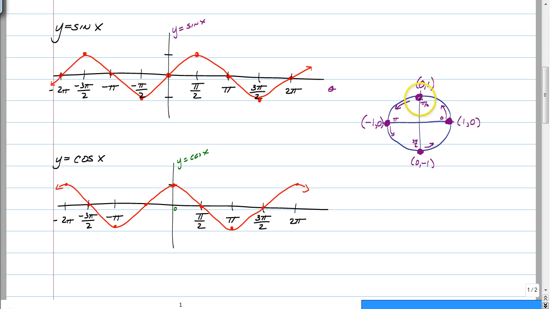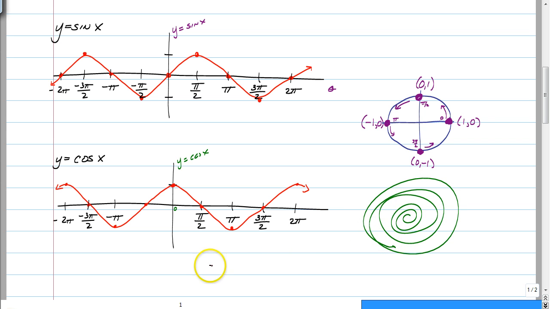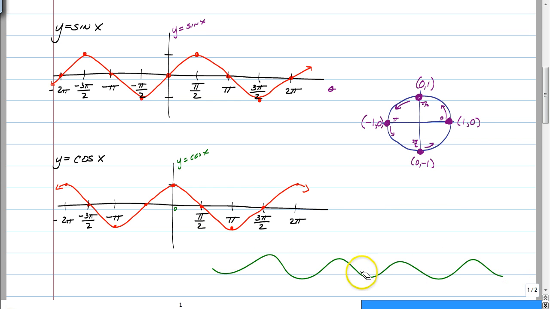And then we get to pi over 2. What is our x value? It's 0, so that's why they're different. And you can see we're just going to go around the same and find our x values instead of our y values on the unit circle and just plot them on a graph. So basically what you're doing is you're just taking an angle of rotation and you're stretching it along one axis instead. That's the only difference.